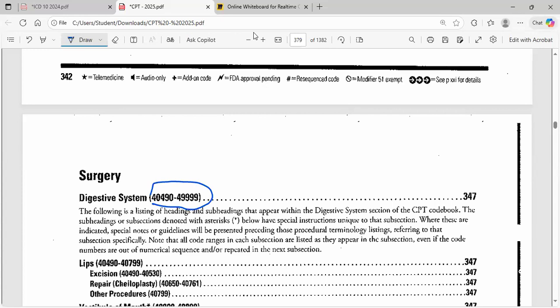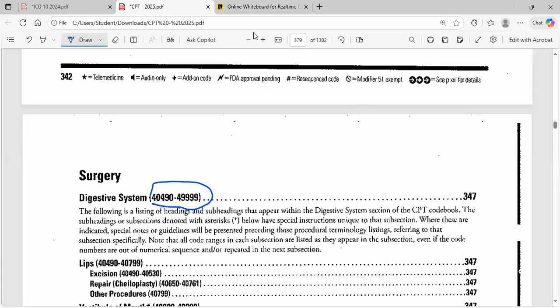This system includes the diagnostic and the definitive treatment procedures, such as GI endoscopy, which is diagnostic, and diagnostic laparoscopy. And the therapeutic also, like if with laparoscopy the doctor removes a hernia. So it's a laparoscopy procedure. So both diagnostic and therapeutic procedures are included.